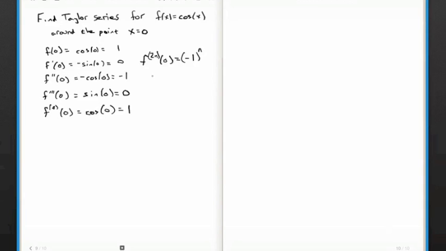If we start at 0, the 0th derivative just becomes negative 1 to the 0, which is 1. That works. n goes up to 1, but then my derivative goes up to the second derivative. So I skip straight from here to here with n equals 1.